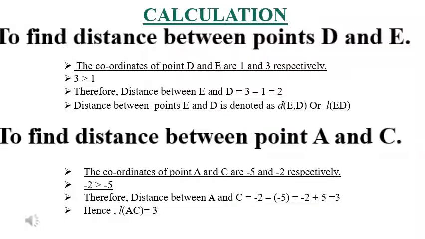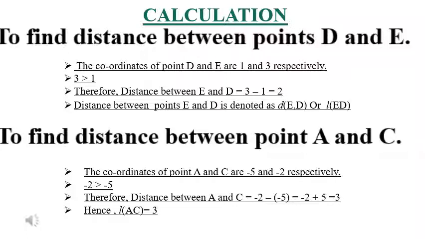So here we learn how to calculate the distance between two given points. First I take the example of the distance between points D and E. Here the coordinate of point D is 1 and the coordinate of point E is 3. 3 is a bigger coordinate compared to 1. Therefore, to find the distance between points E and D, I subtract the smaller coordinate from the bigger coordinate.